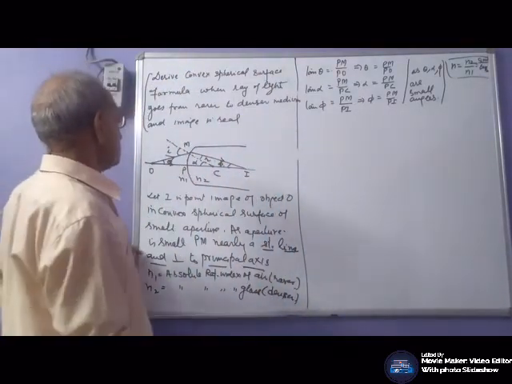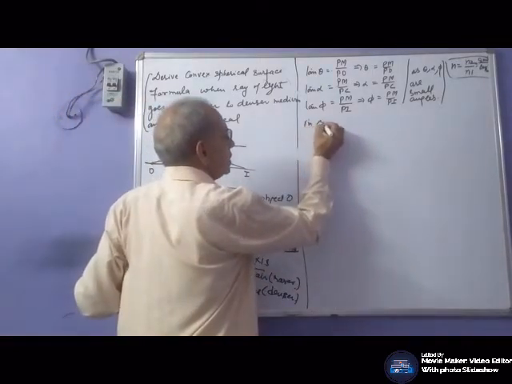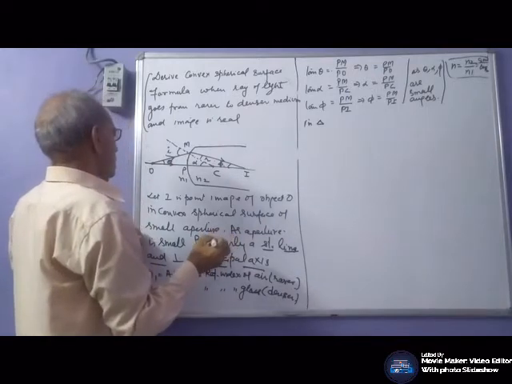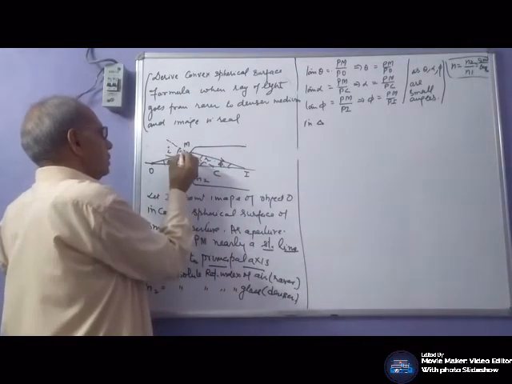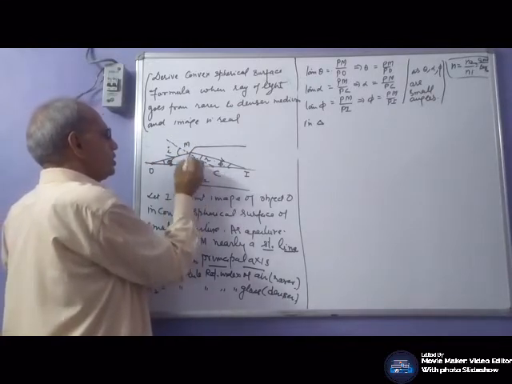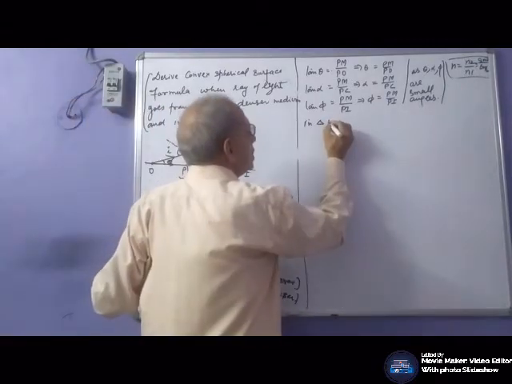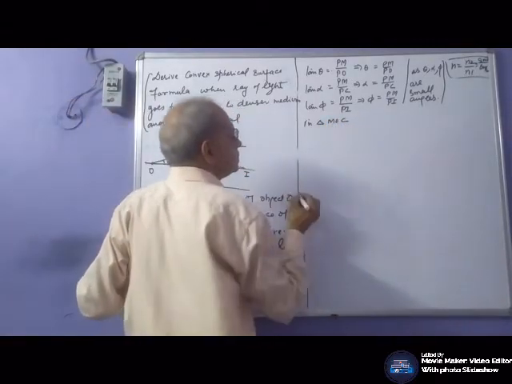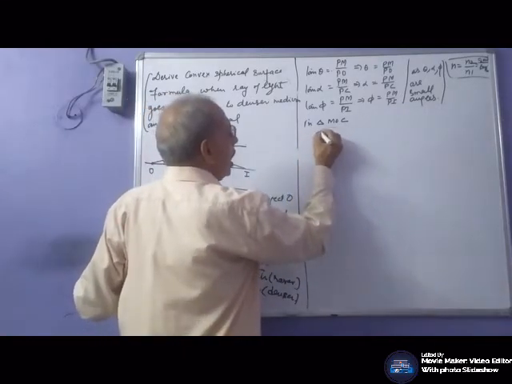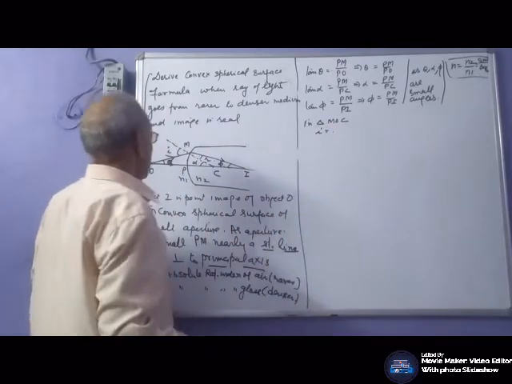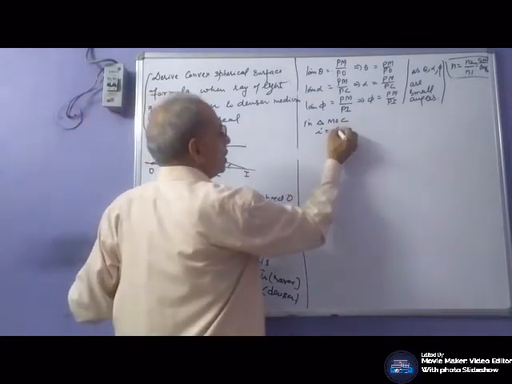I in triangle MOC. I is the external angle of triangle MOC. I is theta plus alpha.